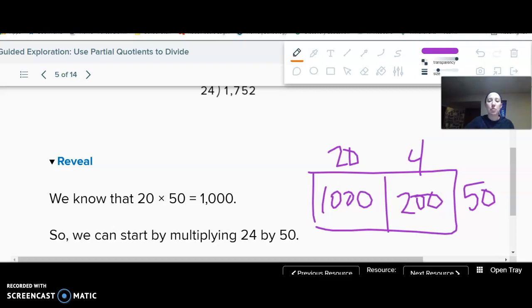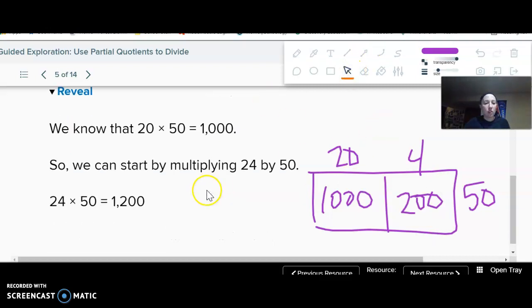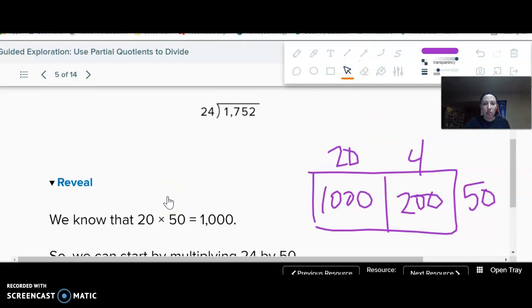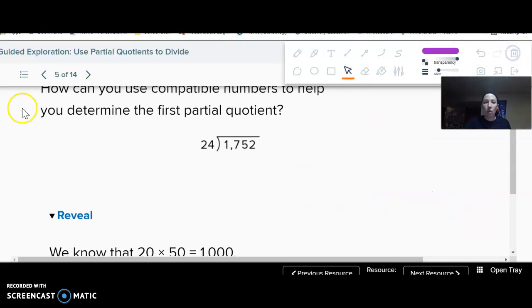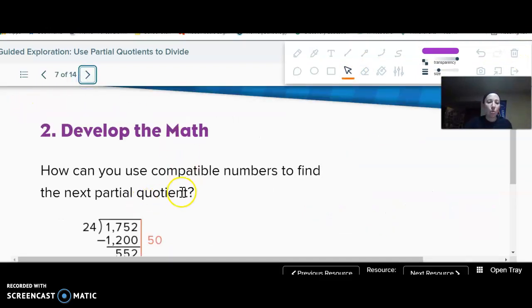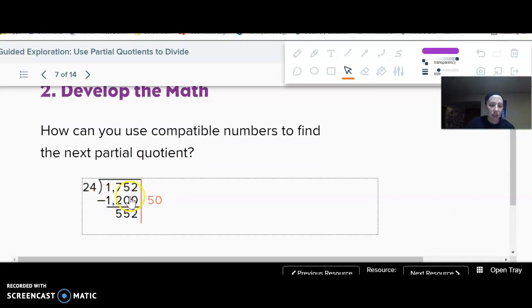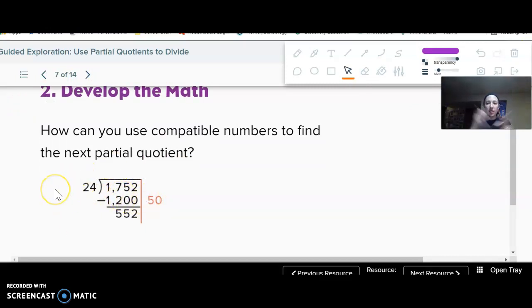So 24 times 50 is 1,200. Now, where we write that, we write it underneath here. So notice how it's all kind of together instead of having the area model and the subtracting part, it's all together. So 50 times we took out the 1,200, then we have 552 left.